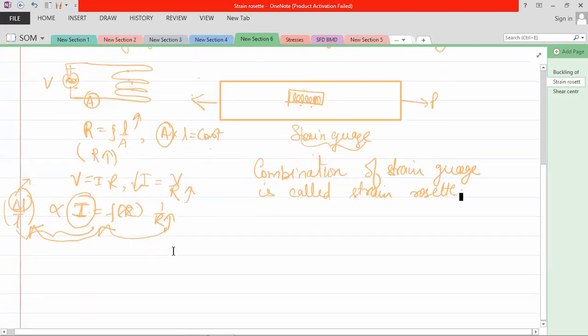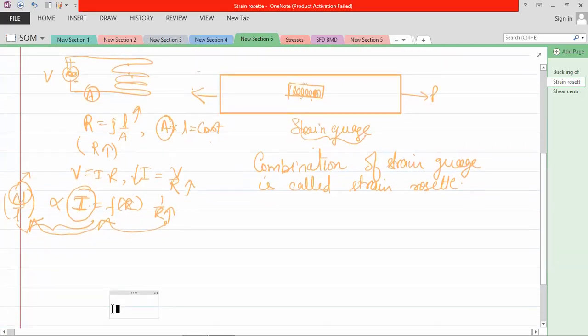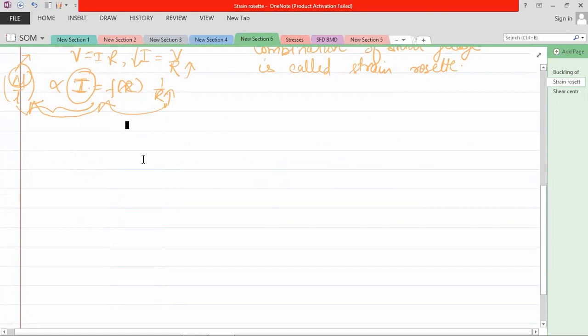So suppose what I want to say is, you know, there are a few configurations: star, delta, rectangular. Three things are available, but you can obtain it for any combination. So suppose at any point of the body, so this is your point of the body. Okay, or let me draw the body.